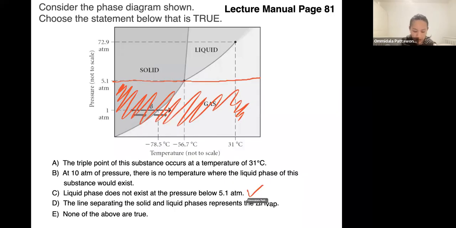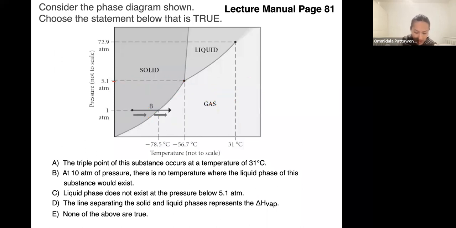That is true, because below this 5.1 there is only solid and gas. So in this case, only solid and gas exist. So C would be true. Again, the reason C is true is that under this line only solid and gas exist. So C would be the answer for this one.